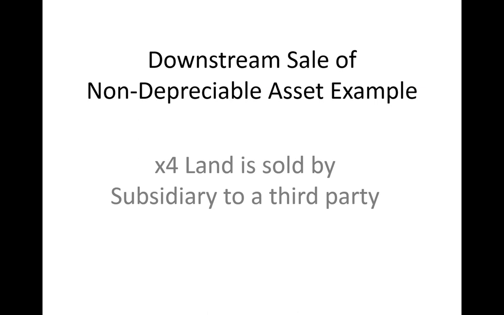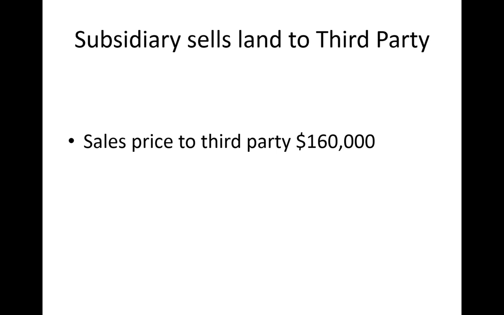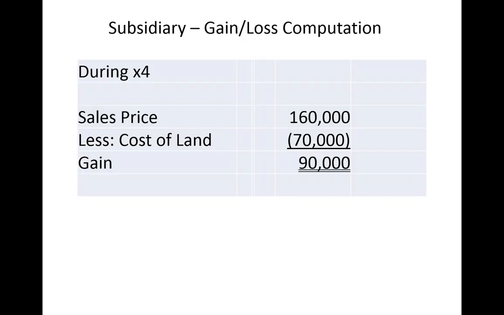The land sells in the 4th year to a third party, and it sells for $160,000. We see that the subsidiary has a gain of $90,000 on the transaction, of which this $90,000 will be included in the net income sub, which the parent will share in.